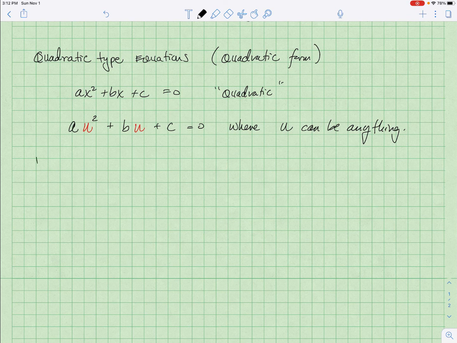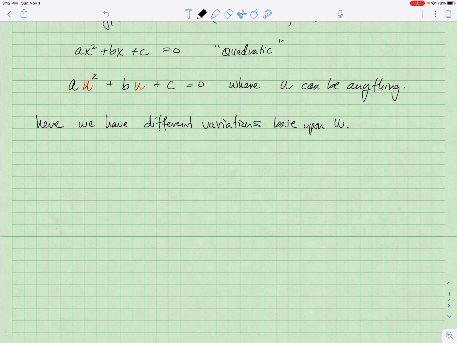And so here we have different variations based upon u. For example, what we're really looking for is something of the form a times something squared plus b times that something plus c equals 0.